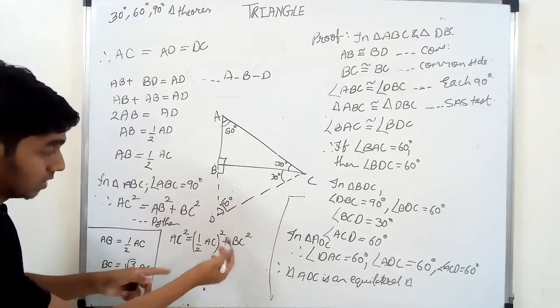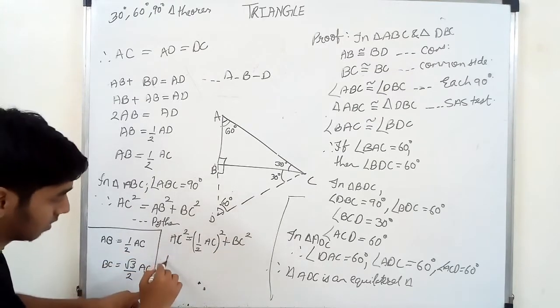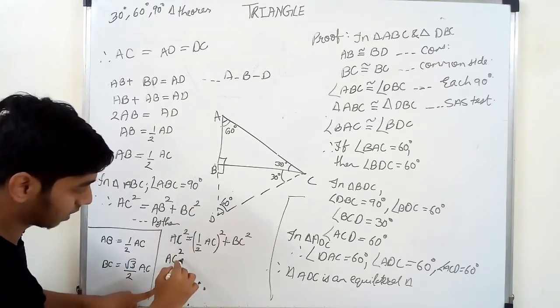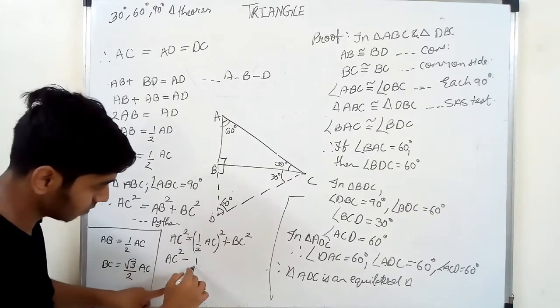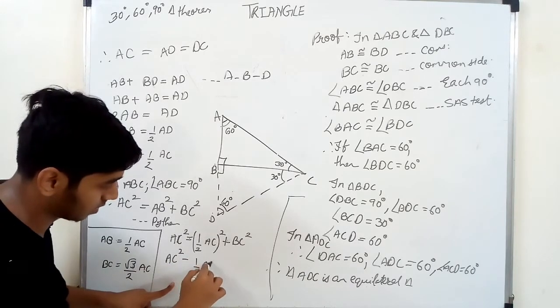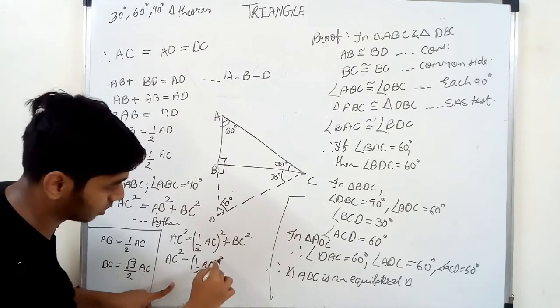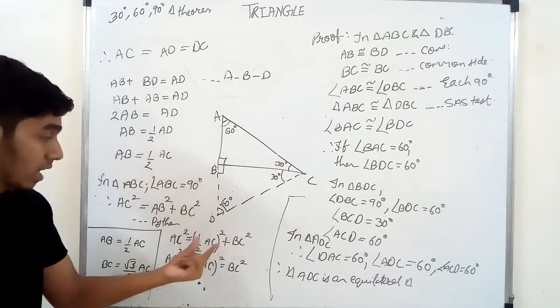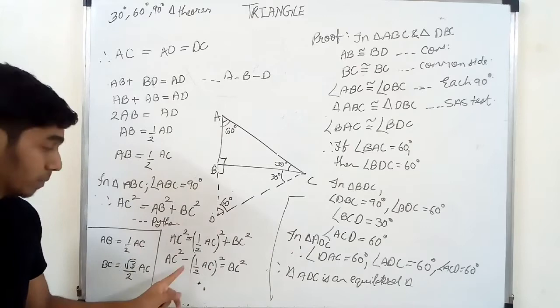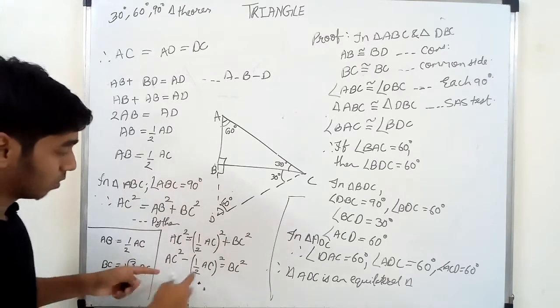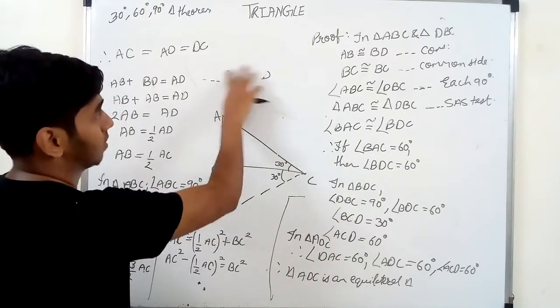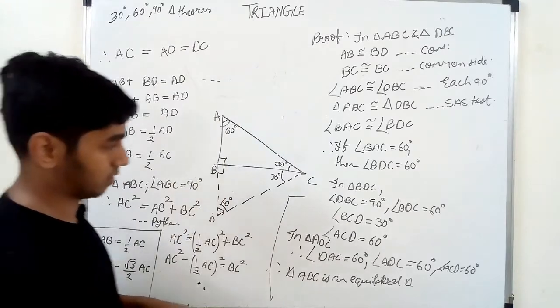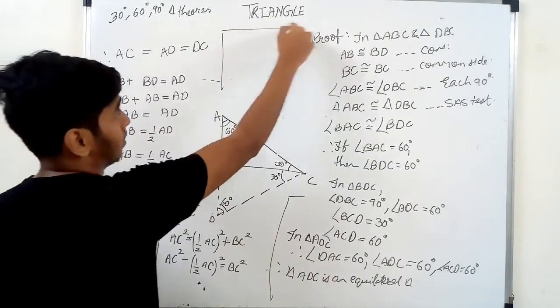So let's take BC on one side and this on the other side. So this will become AC square minus half AC square equal to BC square. I've taken this on the left hand side, so it becomes minus. Now I'll open this up.